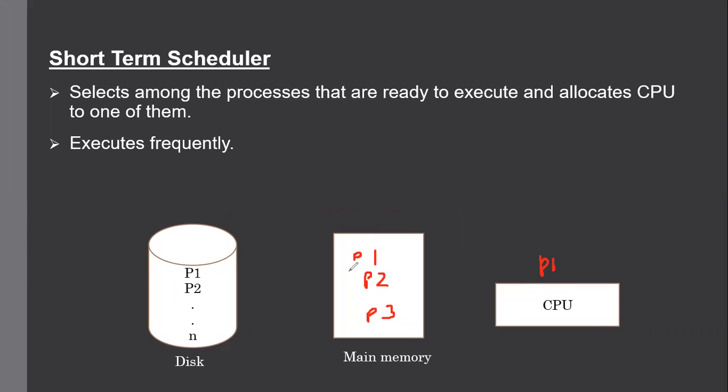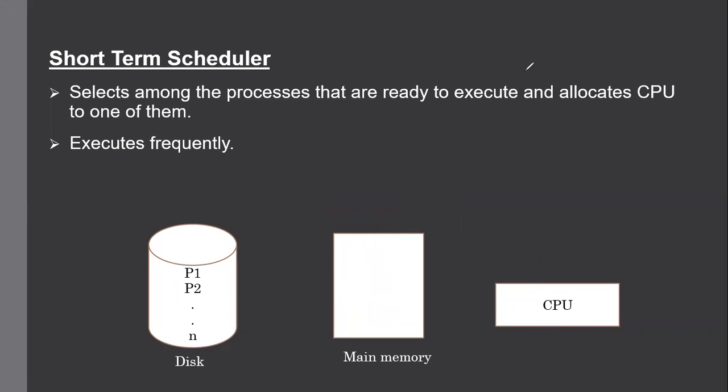Now suppose the short term scheduler takes too long in picking the next process, then the CPU will be idle for that particular time, which is basically time wasted. So your scheduler should be fast so that it can quickly select a process, and then the process starts executing.